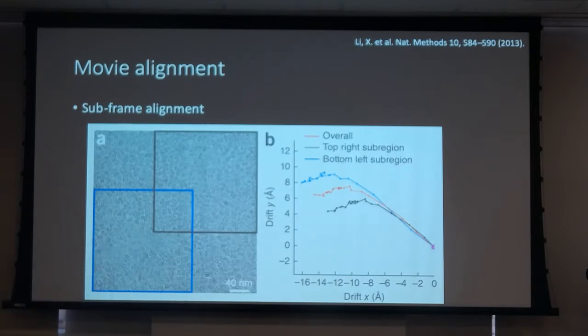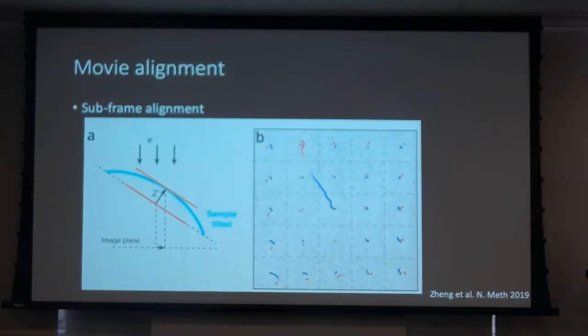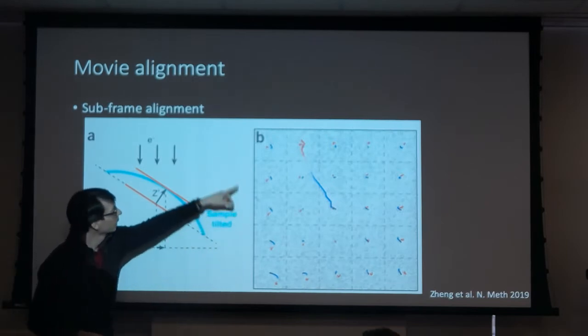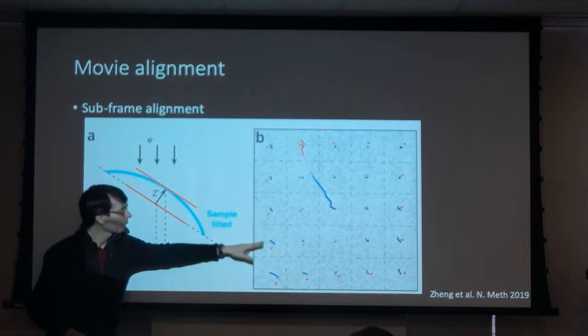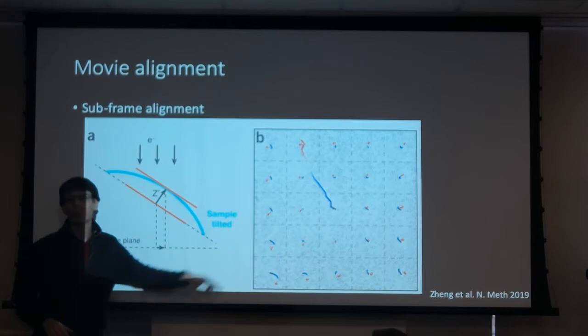Actually, I have a good picture for that. So you basically make patches across your micrograph, and after you first do a correction of the general movement of the whole micrograph, you then do a sub-correction of each individual patch.